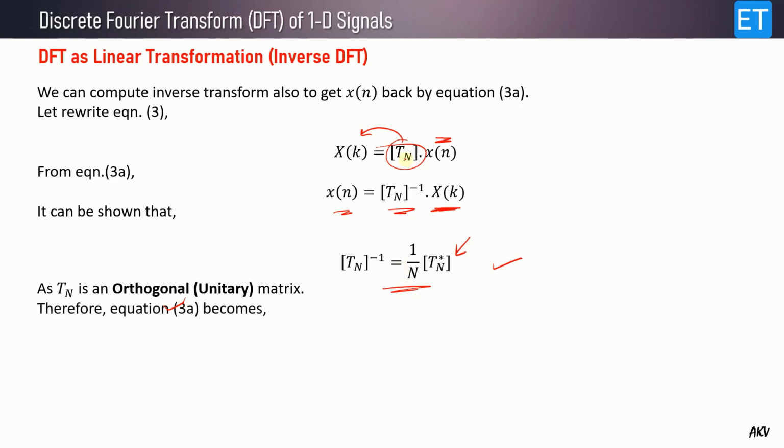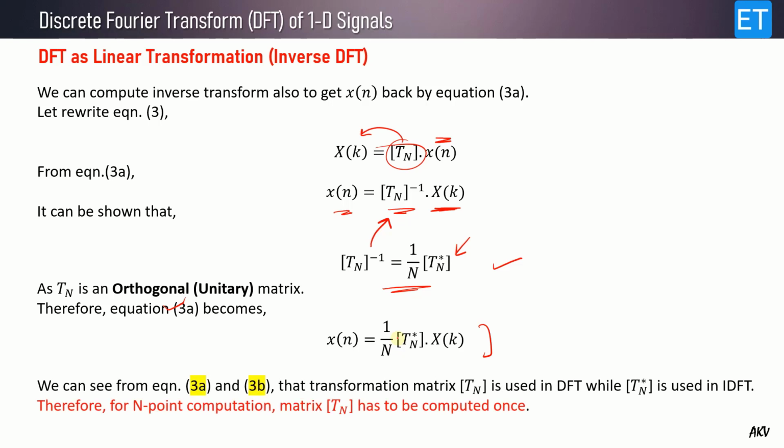So substituting this Tn inverse in this equation, you will get this equation, which can be used to find the inverse of DFT. From DFT values you can find your signal back with this equation. So these are your DFT and IDFT equations.